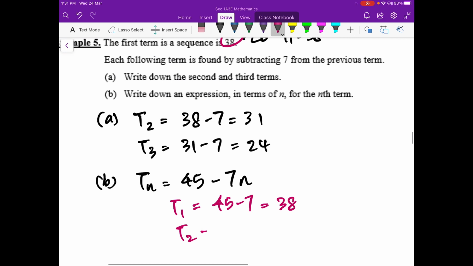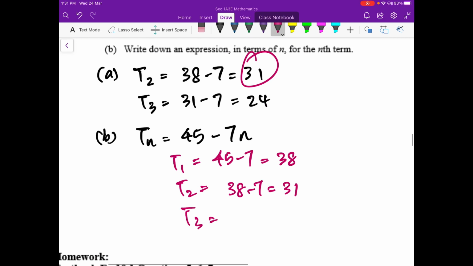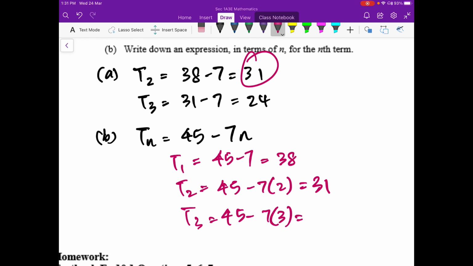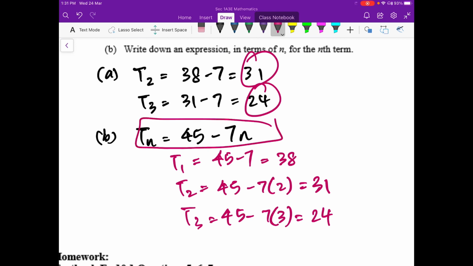T2 equals 45 minus 7 times 2. So 45 minus 14, that is 31. Okay, correct. Next, in the formula, 45 minus 7 times 3. And that is 24. Okay, it is correct. This general term is correct.